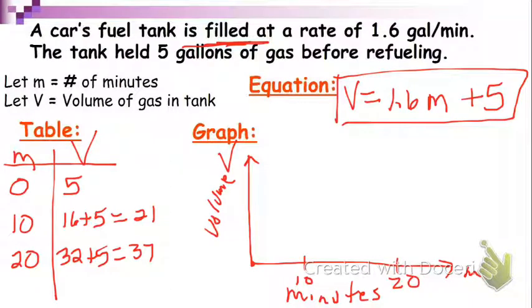And let's see, I'll just go by 10, 20, 30, 40, and we'll just approximate as best that we can here. So at time 0, we're at 5. 10 minutes, we're at 21, so just above the 20. And at 20, we're at 37, so just below the 40. This one looks nicer than the last one, a little more linear. I don't know what happened to that last one.